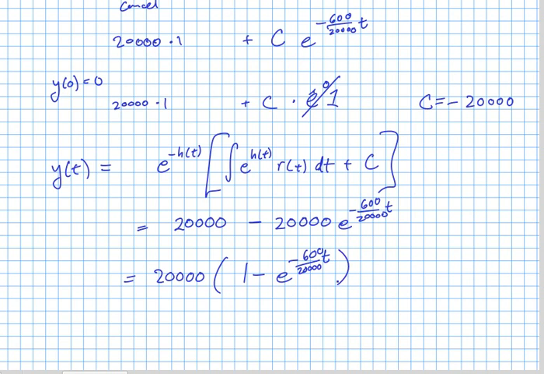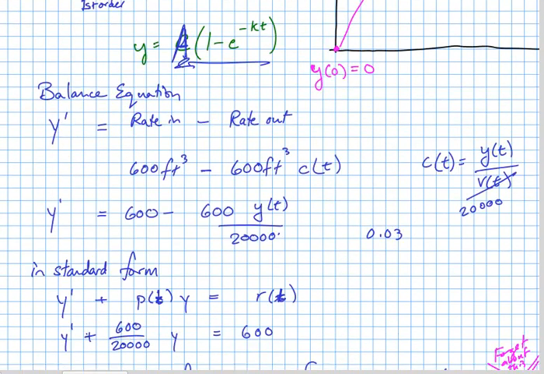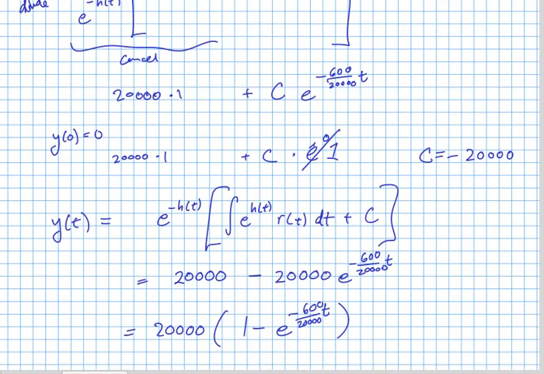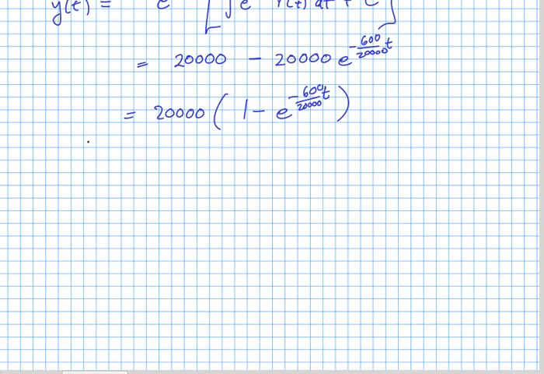Oh, it asks a question. When does it get to 90%? And we want to know this T90 as an answer to the problem. y of T90 is going to be equal to 0.90 times 20,000 fully fresh air, which is equal to 18,000.